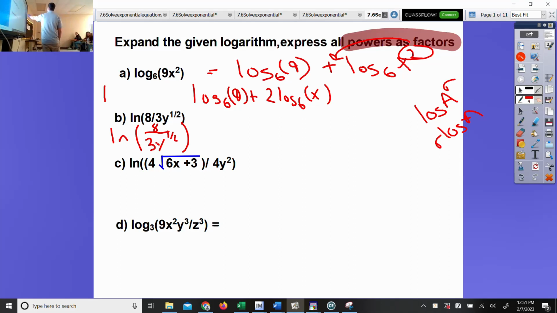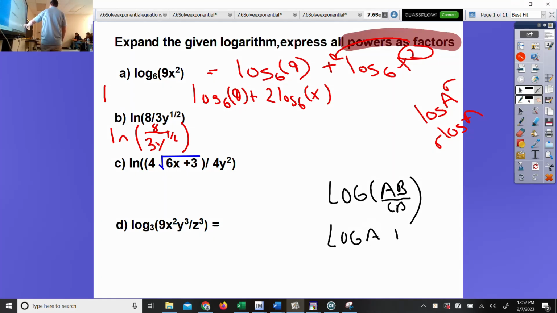On your formula quiz, I'll just keep bringing that whole thing up. On your formula quiz, you have log of AB over CD. That's a log A plus a log B, and then you might remember the rest of it?